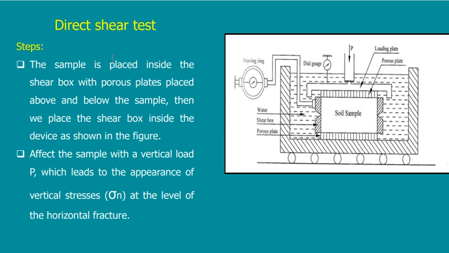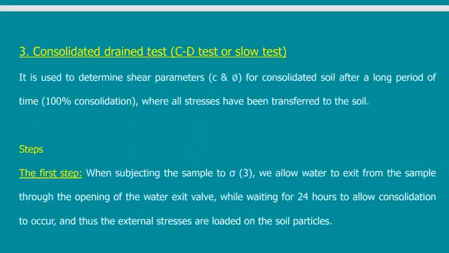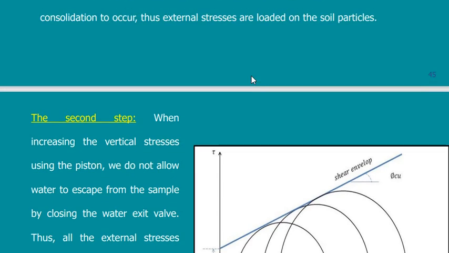But in chapter 5, we did not discuss only the direct shear. We discussed the direct shear, and previously we discussed the triaxial test, which is a very elaborate test that can simulate all the cases.